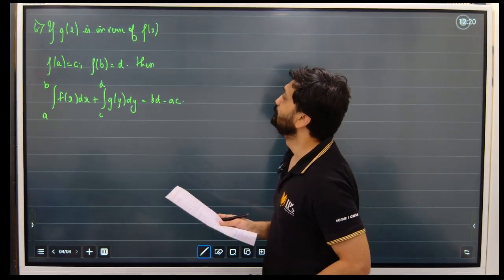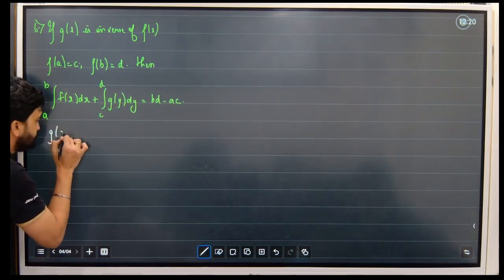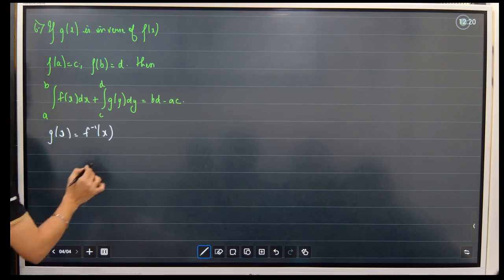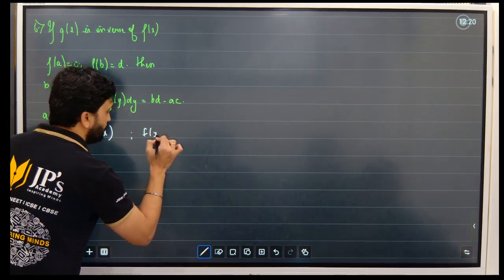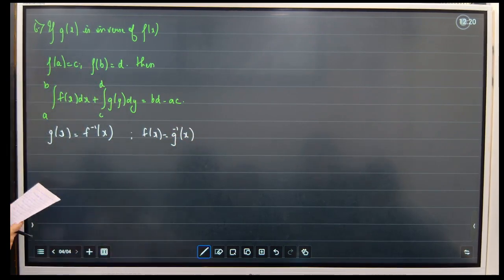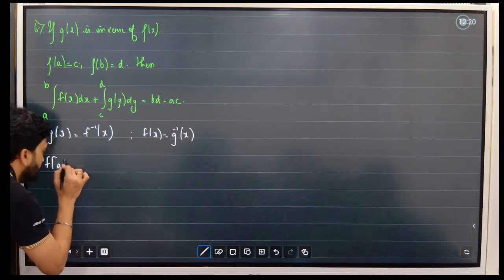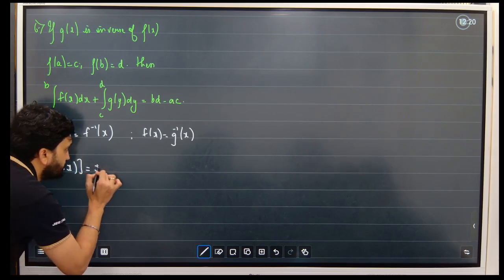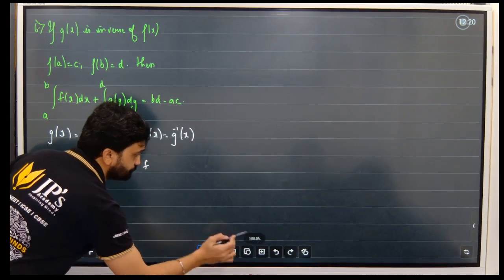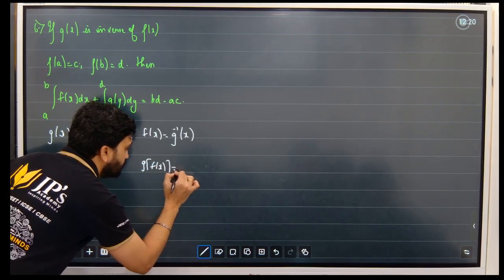Okay. Now, according to the data given, what they are saying is that g of x is equal to f inverse x, or f of x is equal to g inverse x. Okay. In other words, I can say that f of g of x is equal to x and g of f of x is also equal to x.